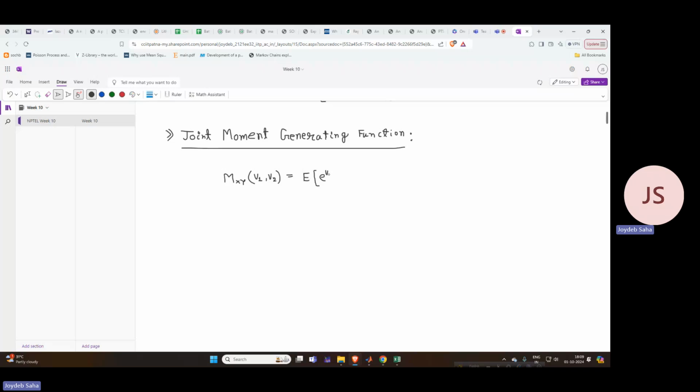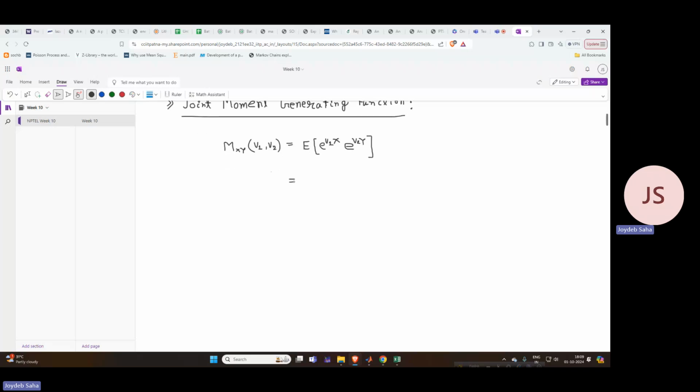This is the expectation of e to the power v1 x multiplied with e to the power v2 y, which is equal to the expectation of e to the power v1 x plus v2 y.